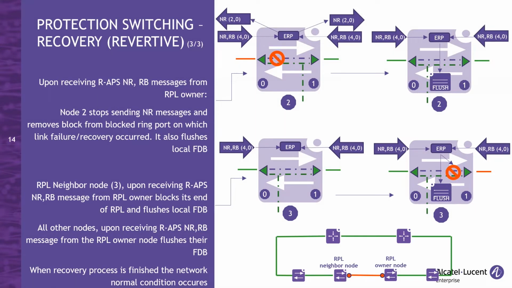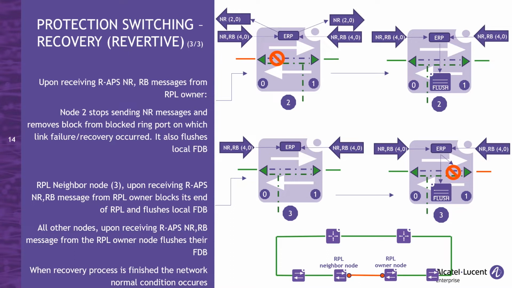Upon receiving the no request RPL blocked message from the RPL owner, different nodes in the network will act in a different way. Node 2 will stop blocking the ring port, therefore the link between nodes 1 and 2 will be forwarding traffic again. It will also stop sending its own RAPS messages with NR code, and it will flush its local database.